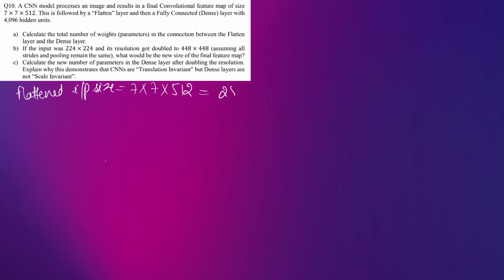This will be 25,088. You are given a fully connected, that is dense layer, with 4096 hidden units. So basically your dense layer units is also given, 4096. So now your total weights.